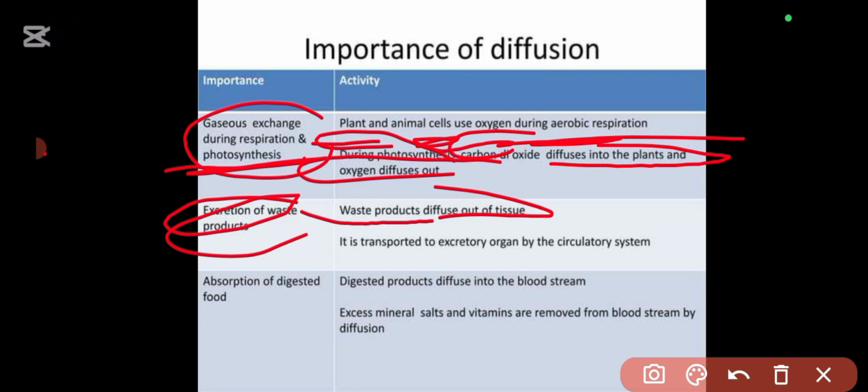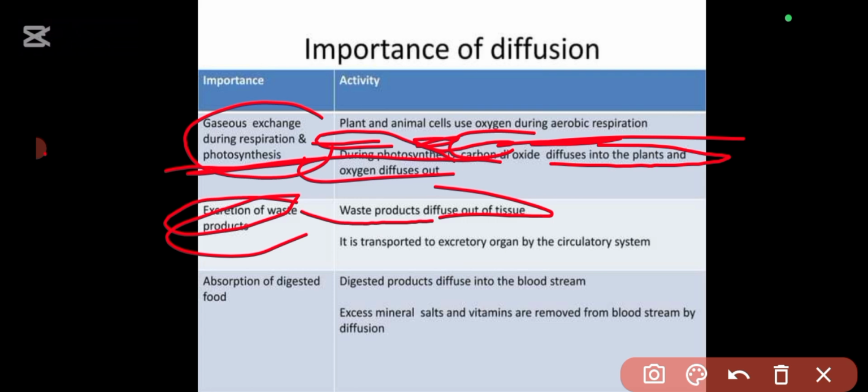Waste products diffuse into the nephrons and are moved down the gradient, down the convoluted tubule, the proximal tubule, the loop of Henle, and the distal tubule, and to the collecting ducts.